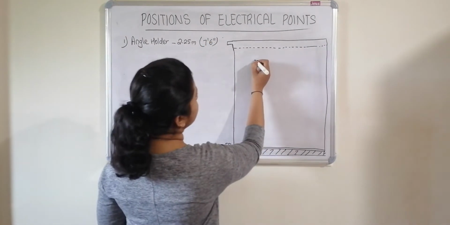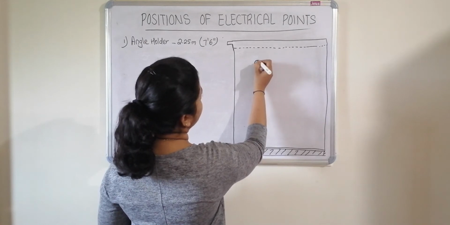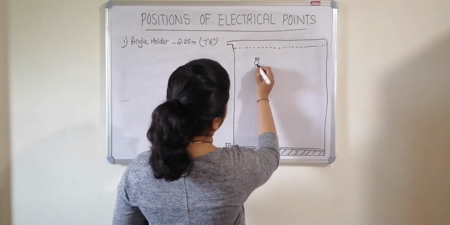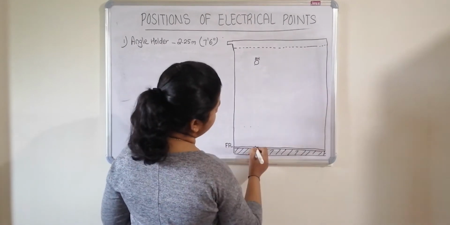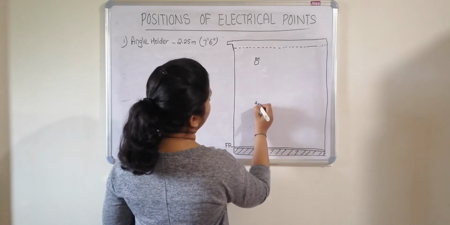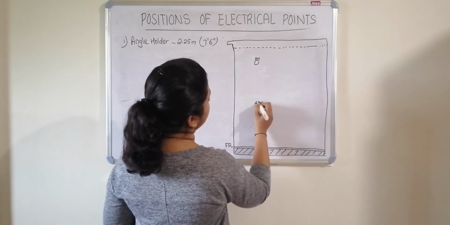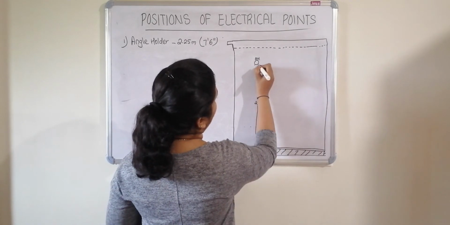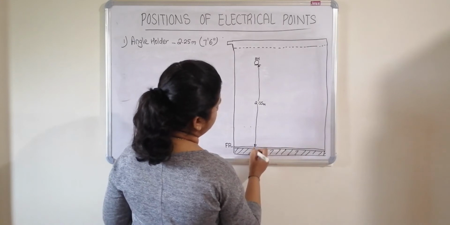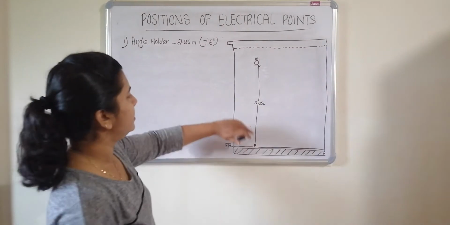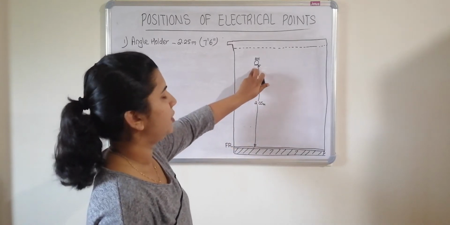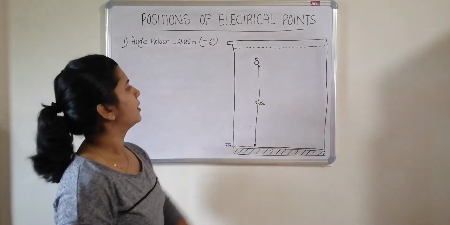Now suppose this is your angle holder, it is provided somewhere here. Then the height will be from this finished floor level, 2.25 meter to the bottom of this angle holder. So you just remember this. These heights are from the finished floor level to the bottom of these points.